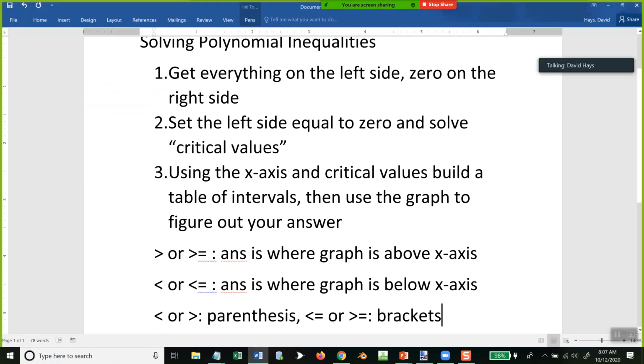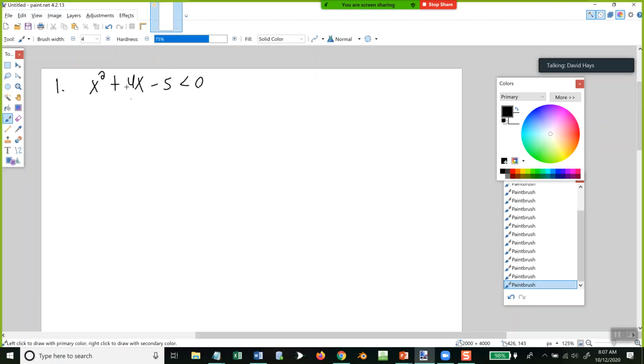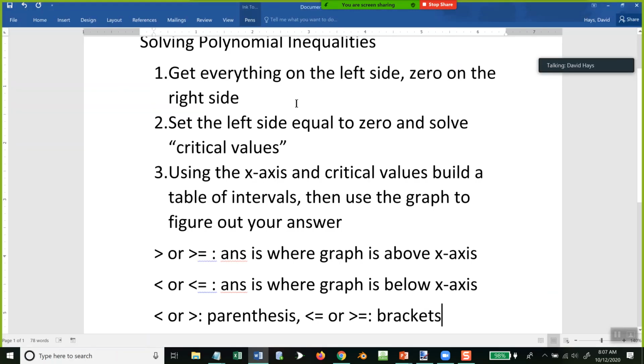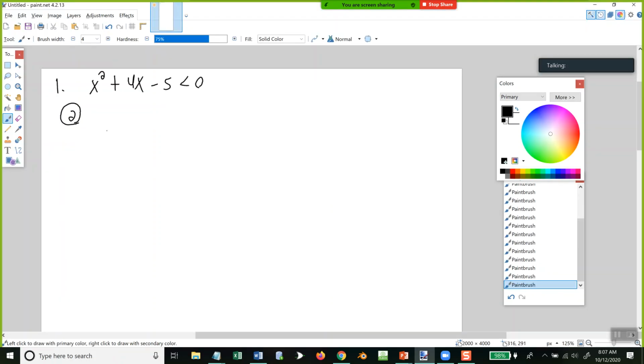Steps I'm going to be referring to are these just over here. So step 1, get everything on the left side, 0 on the right side. That's done. Step 2, set the left side equal to 0 and solve. So x squared plus 4x minus 5 equal to 0.